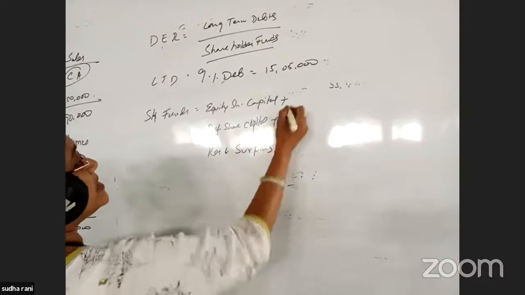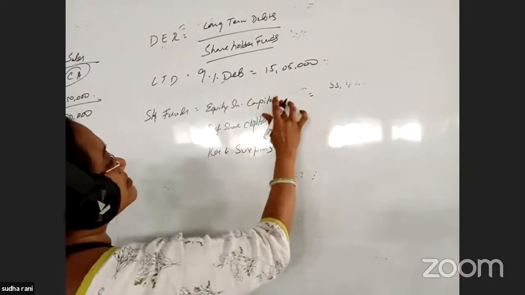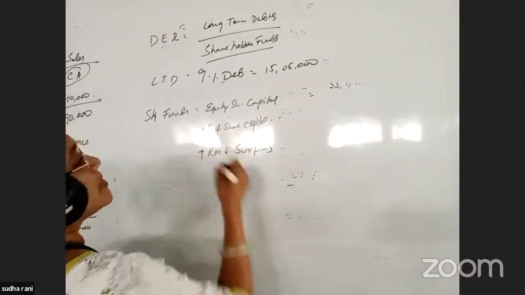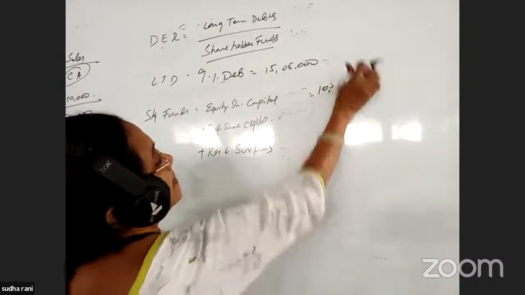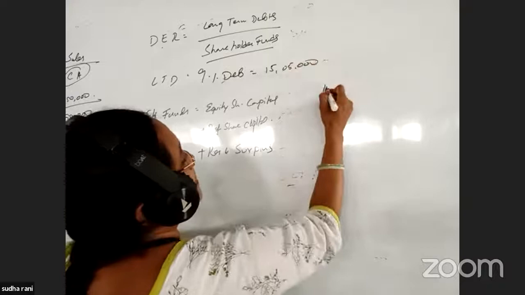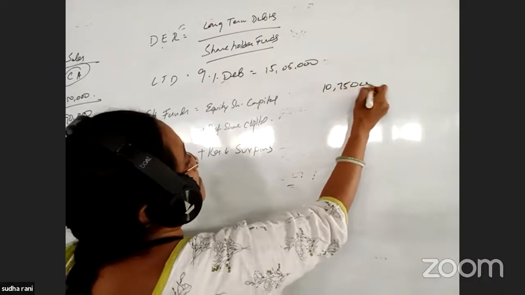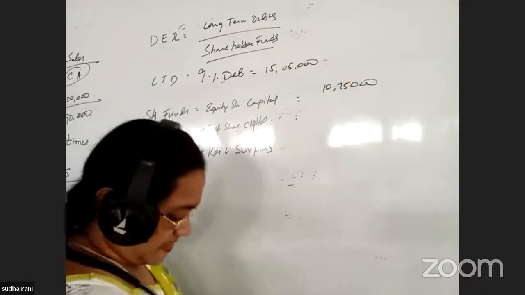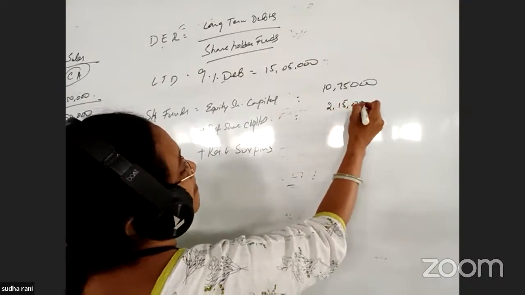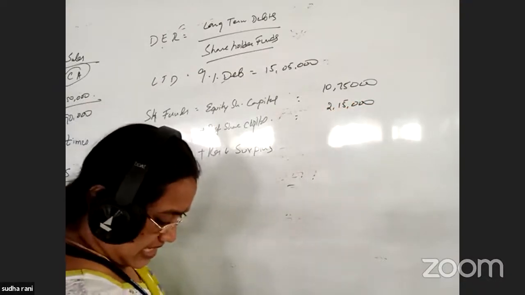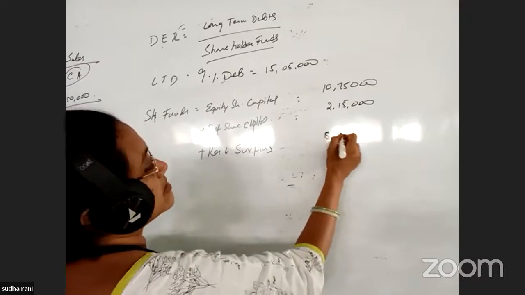The equity share capital is how much? Equity share capital given to us is 10,75,000, and preference share capital is 2,15,000. Reserves and surplus are given as 8,60,000.